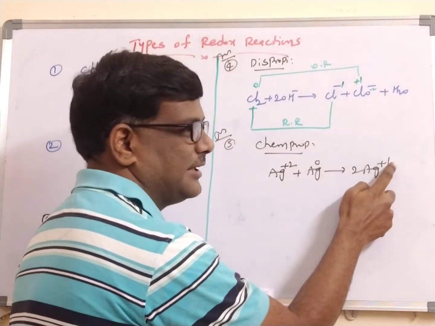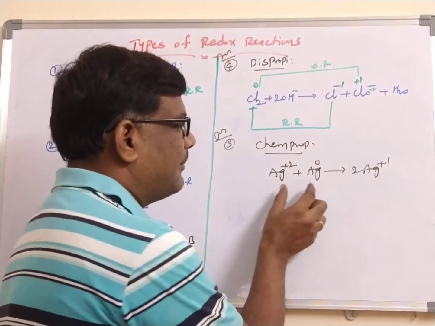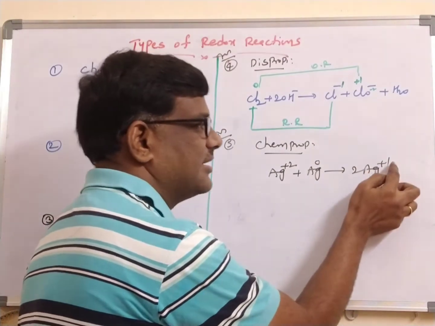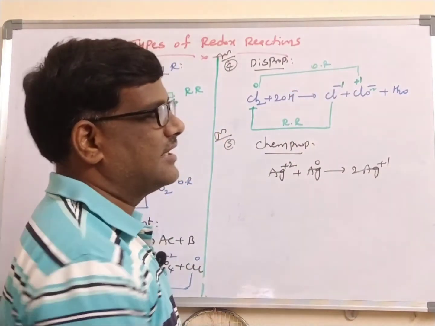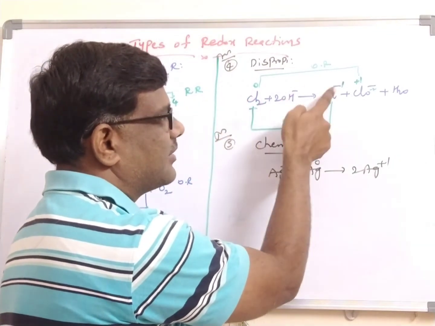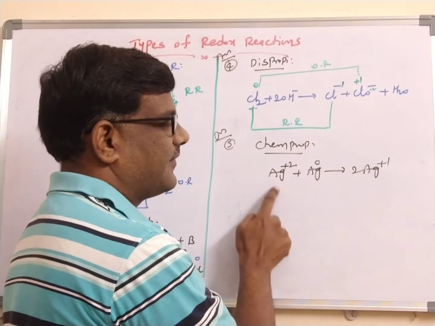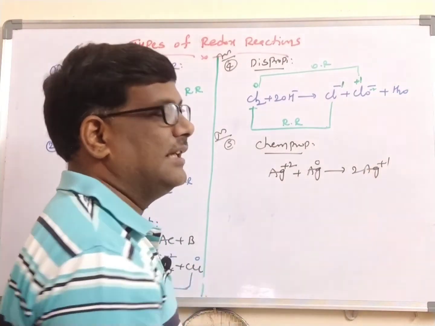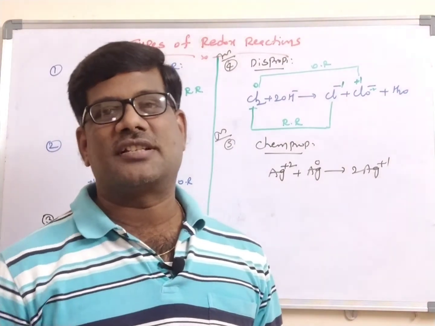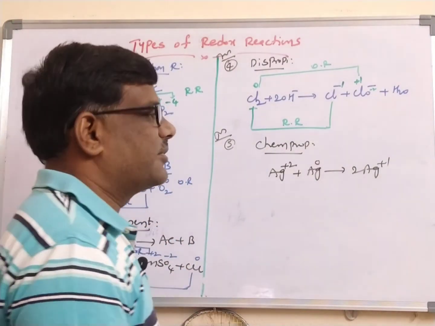From 0 to +2, the intermediate will be +1. In that reaction both oxidation and reduction take place simultaneously. Those reactions are called comproportionation reactions.